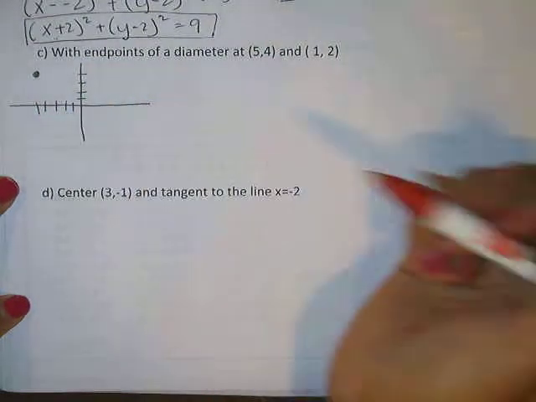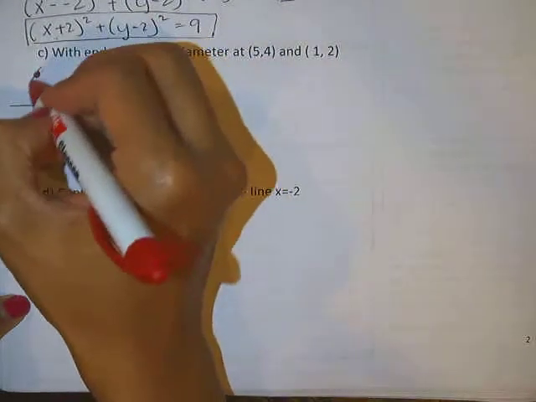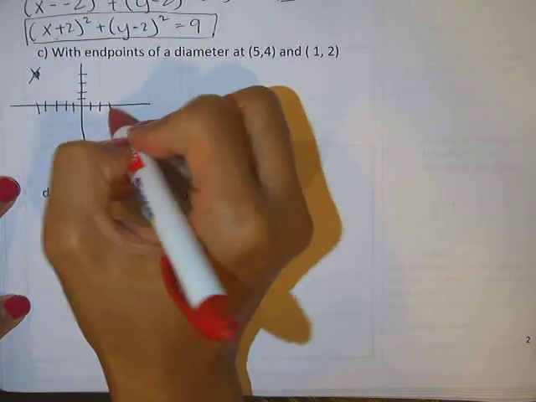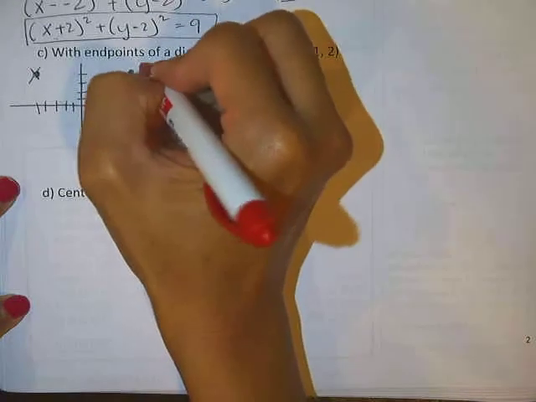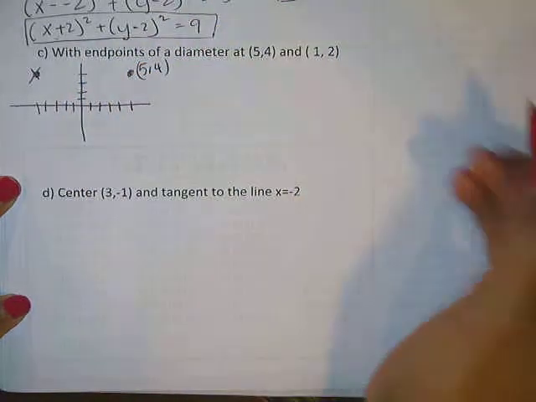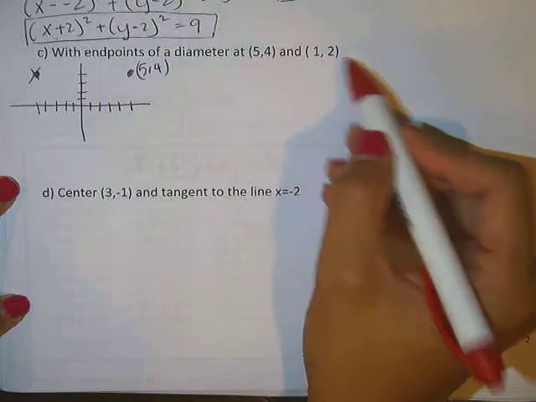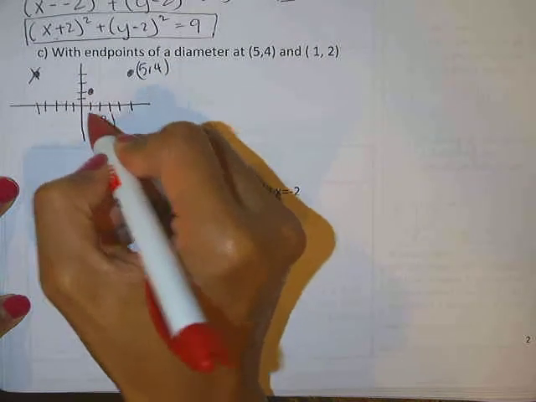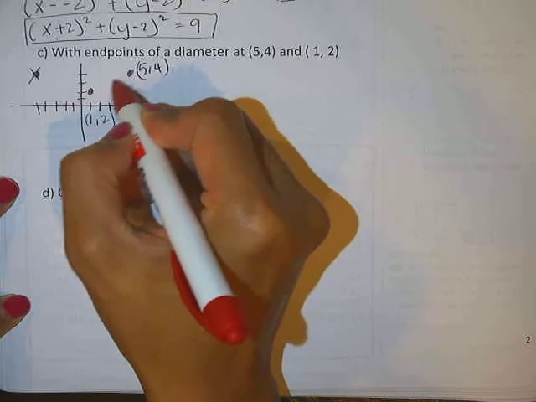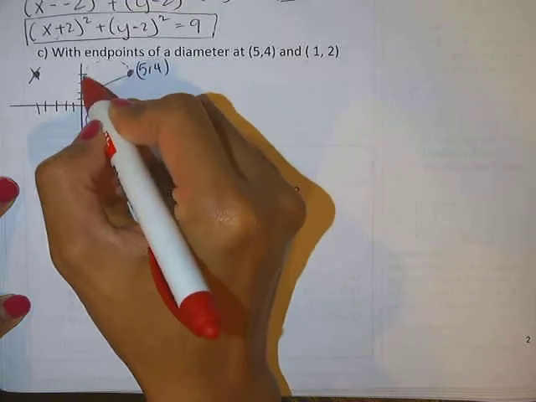I just plotted negative. Ignore this point. 5, 1, 2, 3, 4, 5, and 4. So positive 5, positive 4. And I have another endpoint, 1 comma 2. So here's 1, here's comma 2. So here is the center.